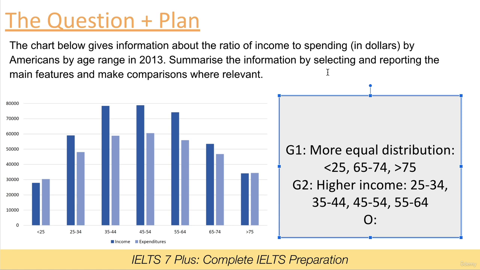So we could say something like, as Americans got older, both their income and expenditures decreased.